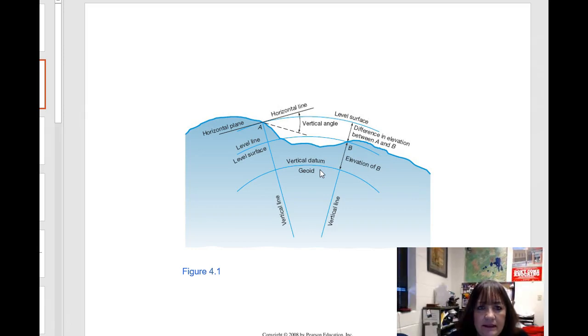And it's not really where the level of the seas are at any given point, because that number varies not only from sea to sea, but also from time to time. So the mean, or the average, of a whole bunch of these levels has been established as the vertical datum, or geoid, and that is called 0 feet mean sea level.